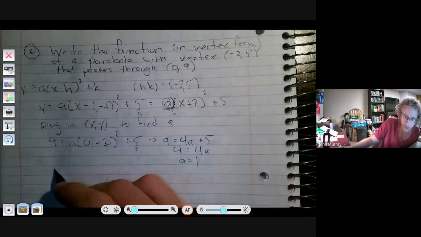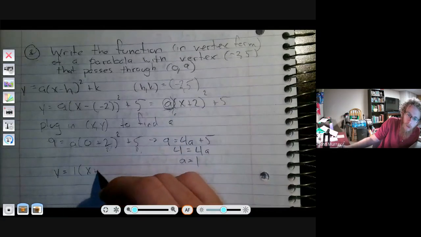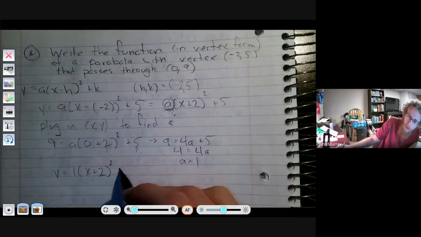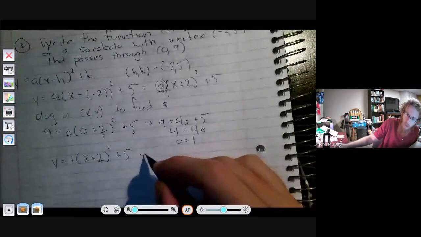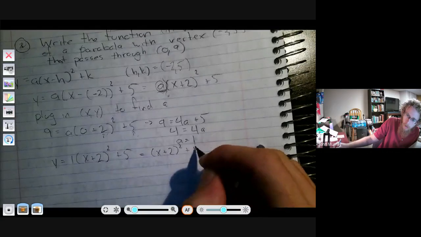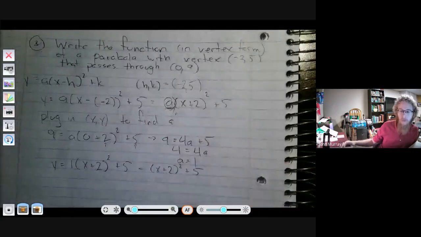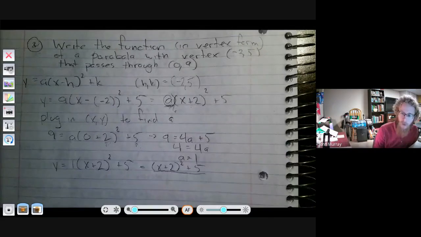So our vertex form, right, and we don't even need that 1 there. X plus 2 squared plus 5.